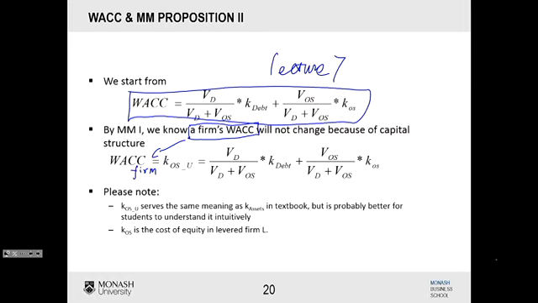If it is a K, that's English; if it is kappa, this is Greek. The firm's weighted average cost of capital is equal to the cost of equity in the unlevered firm.